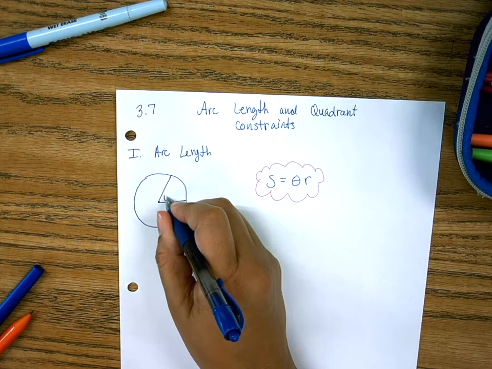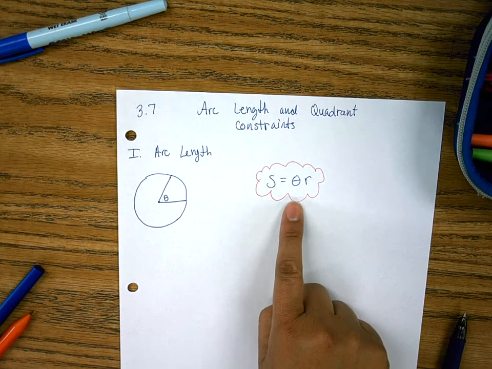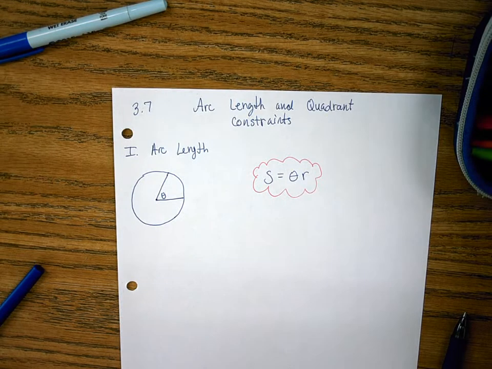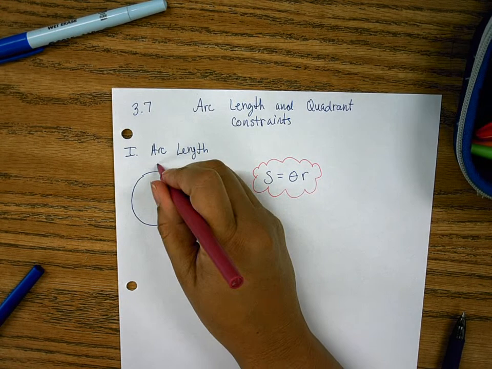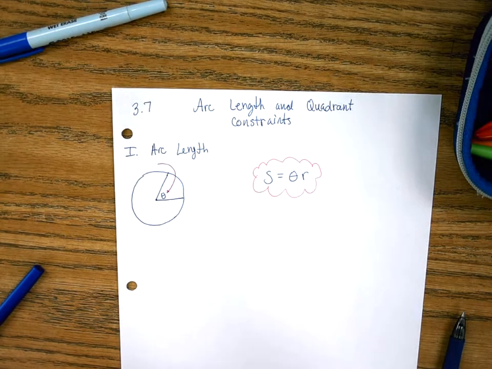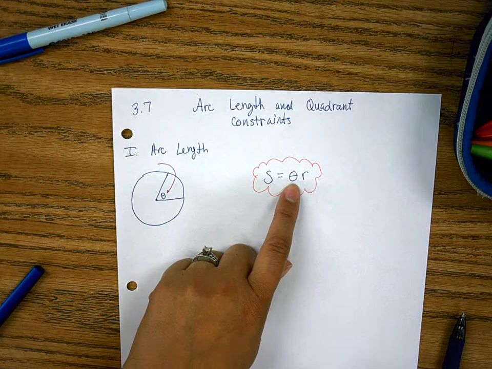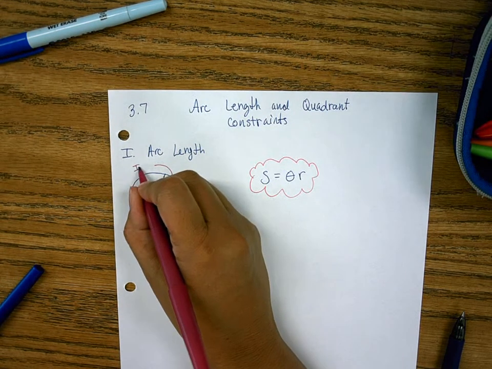I'm going to call this theta. So obviously theta is the angle, and what you'll have to remember is that theta is always in radians. Theta is typically used to name an angle, but it's always in radians.